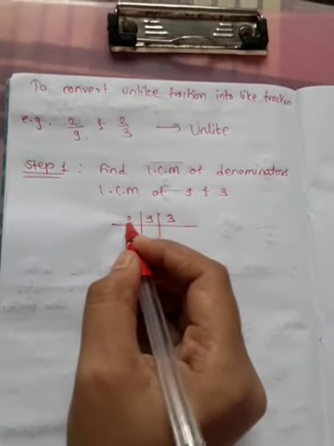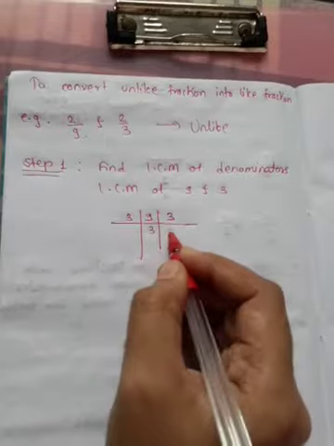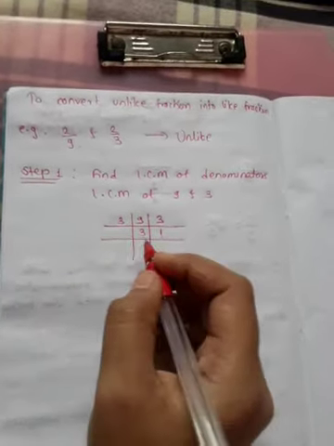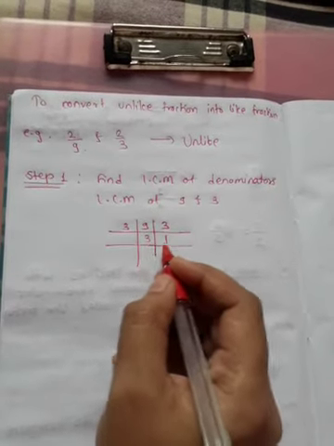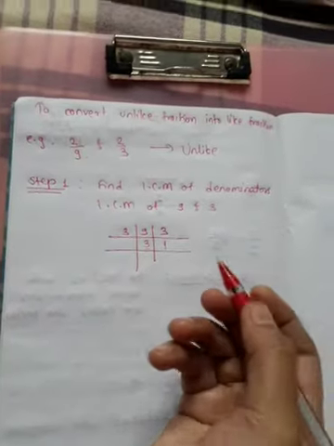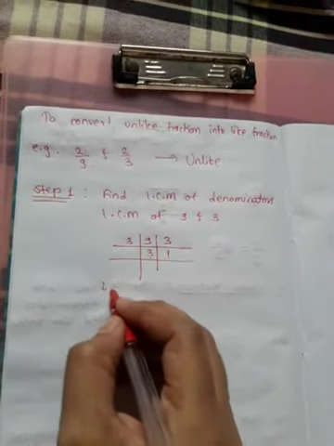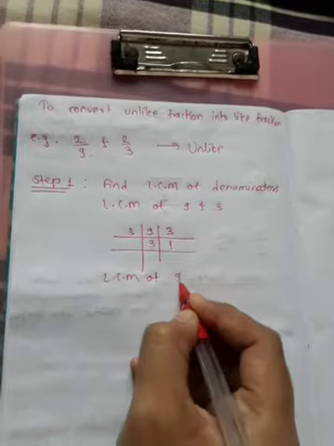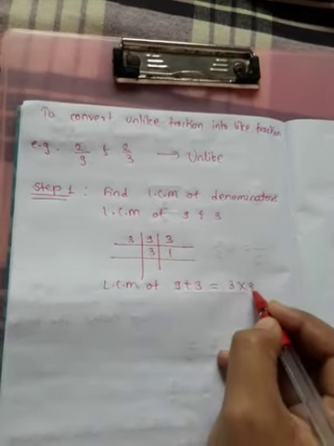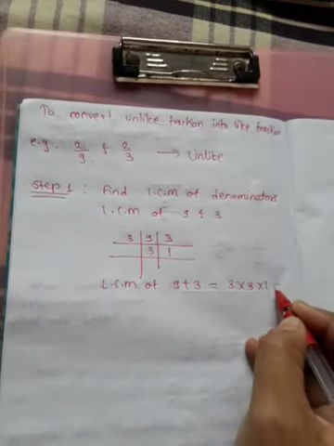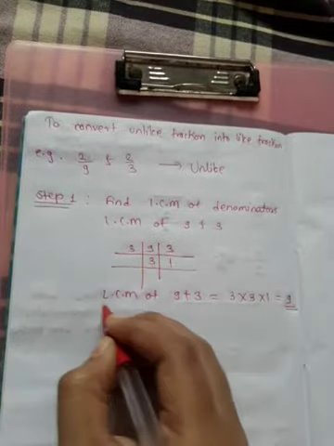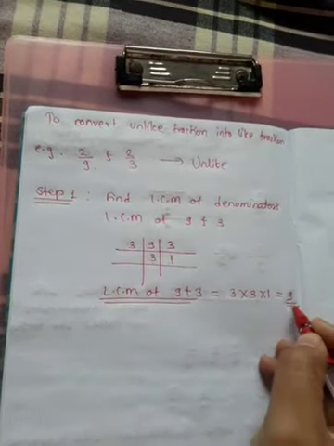We know 3 is a divisor of both: 3 3s are 9, 3 1s are 3. Now again find a divisor of 3 and 1. We can't, so we stop, and LCM of 9 and 3 is 3 into 3 into 1, that is 9.